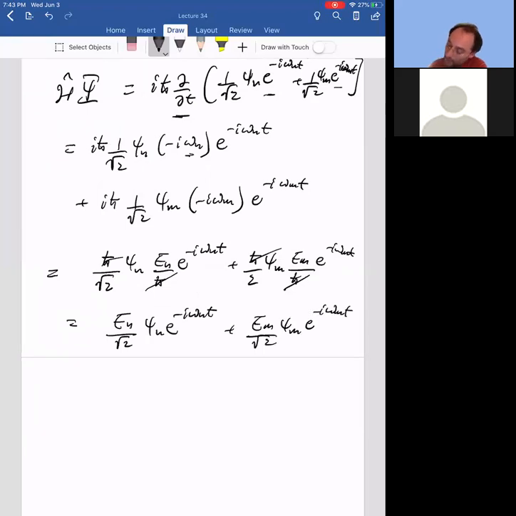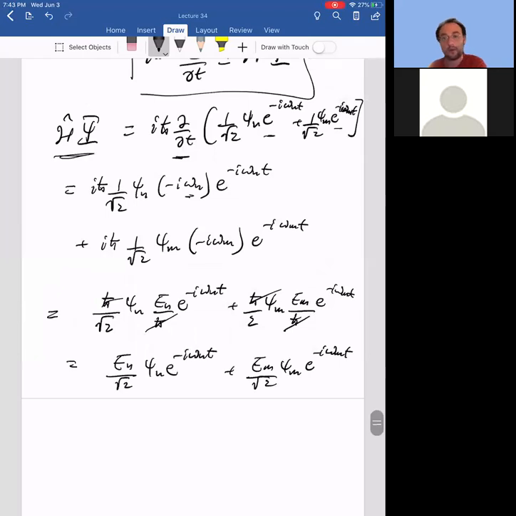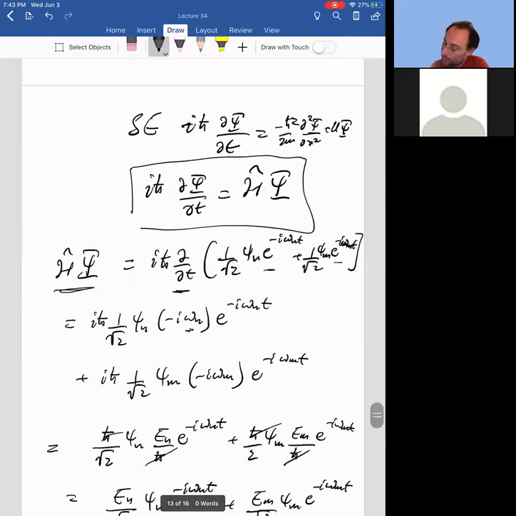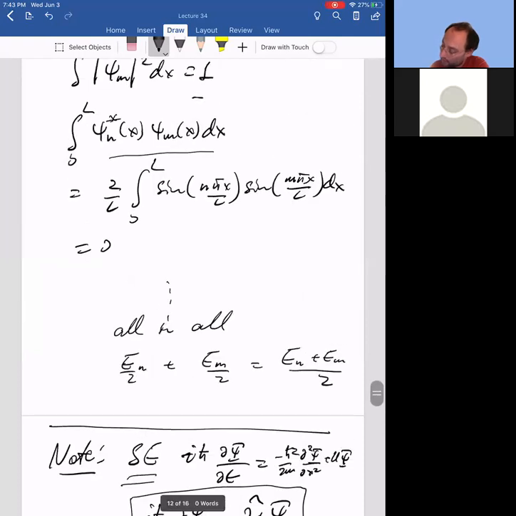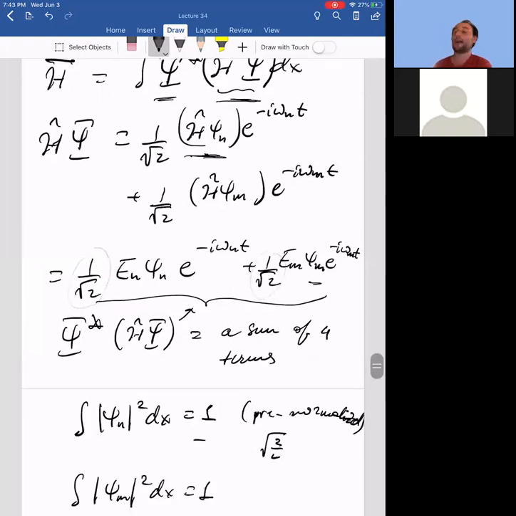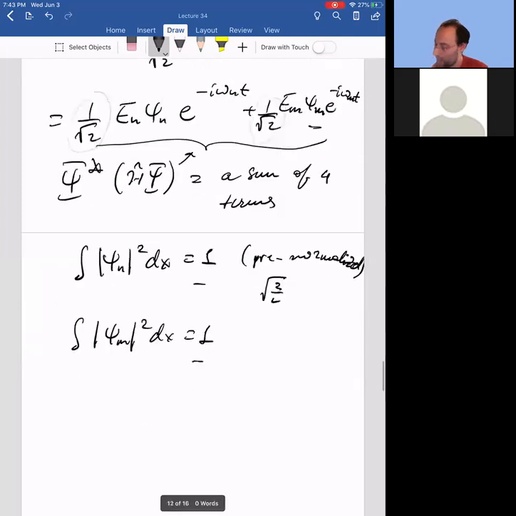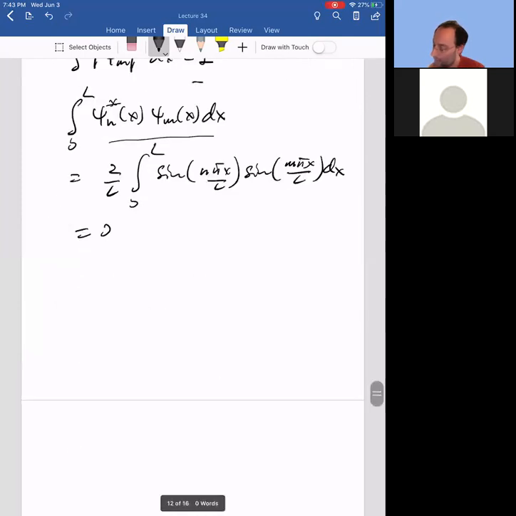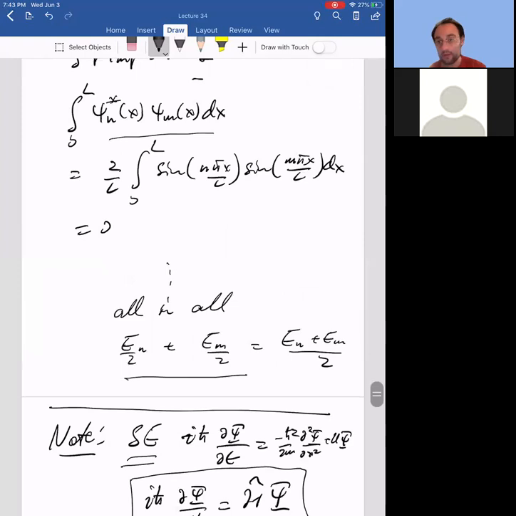So that's the Hamiltonian operator, or the energy operator, acting on the wave function. And we got the same result right here. Then you multiply it by psi star, you multiply everything out, you get your 4 terms, you have your 4 integrals, 2 are 0, and the other 2 are very simple because you have this normalization. And at the end of the day, you're going to get this result again.